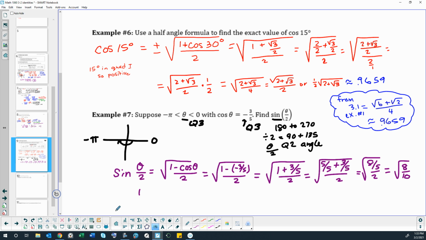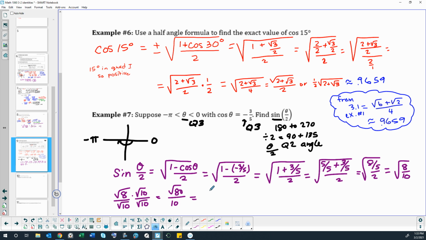So if we simplify our radicals, we'll have the square root of 8 over the square root of 10. We want to rationalize, which we don't always have to, but I think it's good to review it. So that would give us the square root of 80 divided by 10, because square root of 10 times square root of 10 is 10.